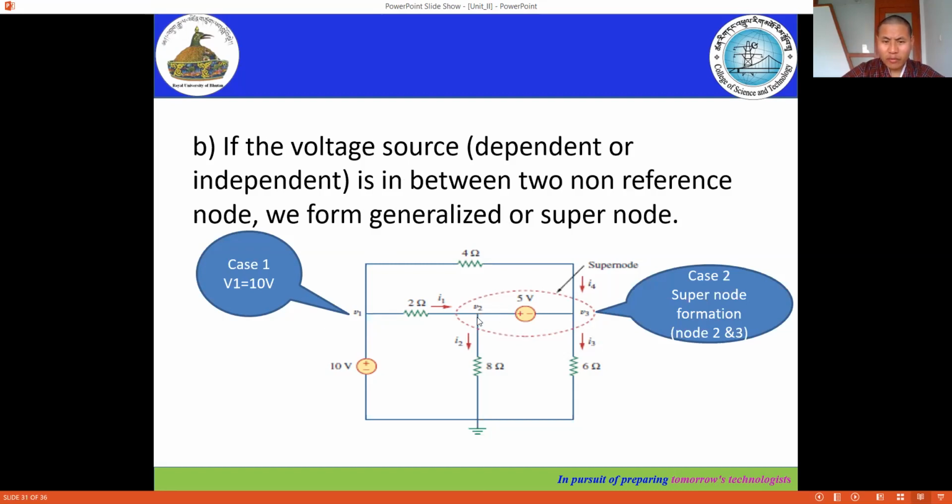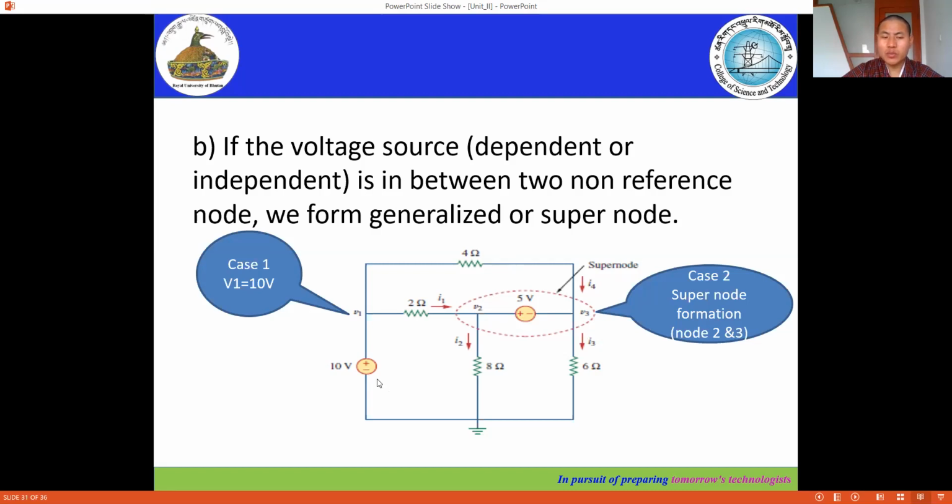In V2, here we have 3 branches. In this node, there are also 3 branches, but when you form the supernode, there are 4 branches coming together. In this case, this voltage source is in between node V2 and node V3.